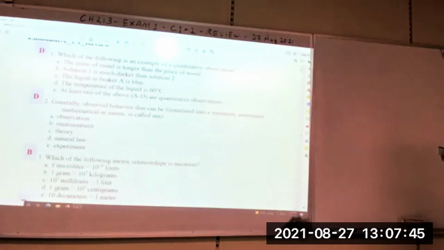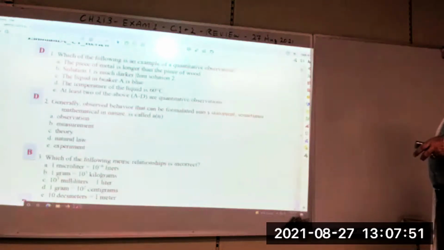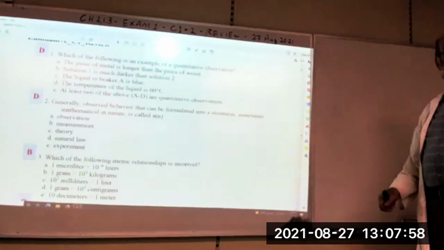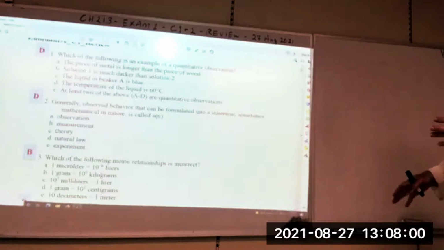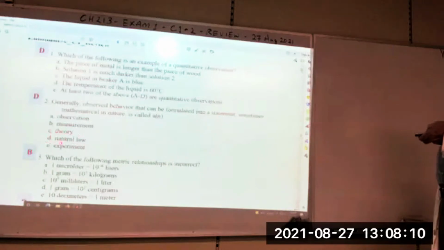So, what's a generally observed behavior that can be formulated in that statement? It's a natural law, right? This is the difference between a law and a theory. If you just say what happens under certain circumstances, then you're formulating a natural law.